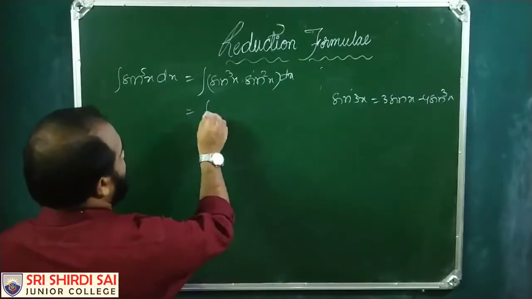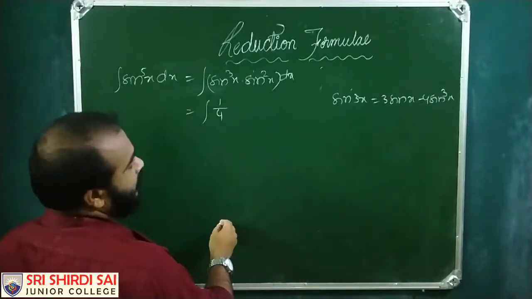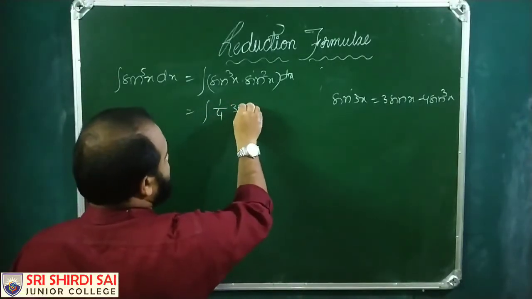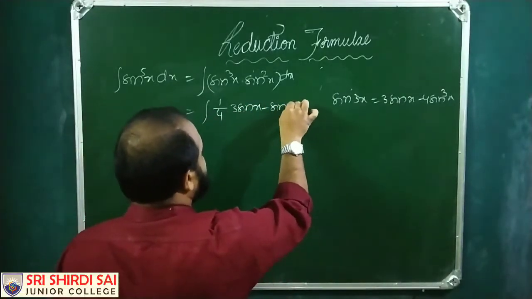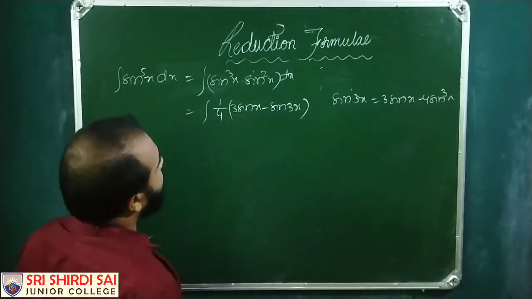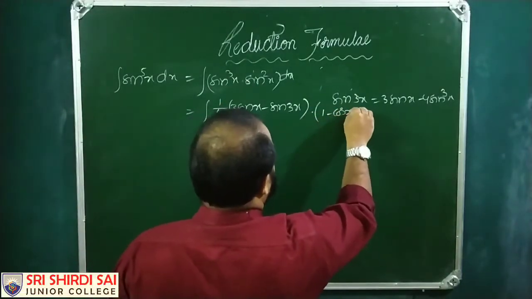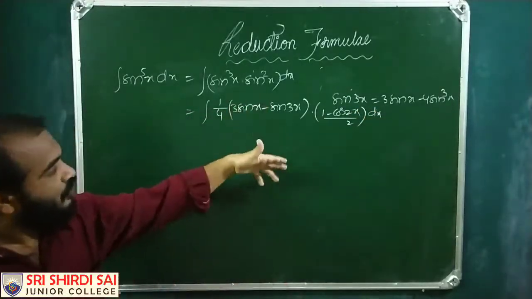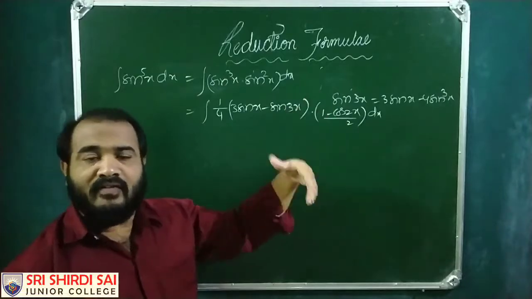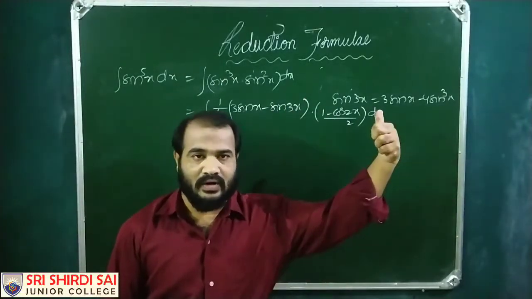So this is 1 by 4 into (3 sine x minus sine 3x) into sine square x, which is (1 minus cos 2x) by 2 dx. And so on. As the power increases, the complication also increases.